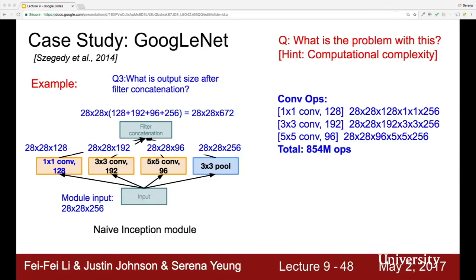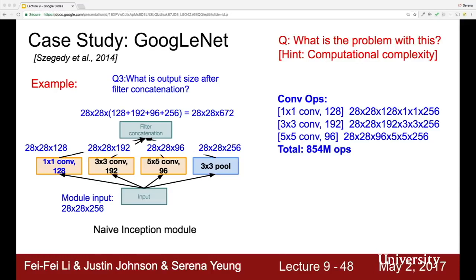Okay, so if we look at the number of operations that are happening in the convolutional layer, let's look at the first one, for example, this 1x1 conv. As I was just saying, at each location we're doing a 1 by 1 by 256 dot product, so there are 256 multiply operations happening here. Then for each filter map, we have 28 by 28 spatial locations. That's the first two numbers that are multiplied here.